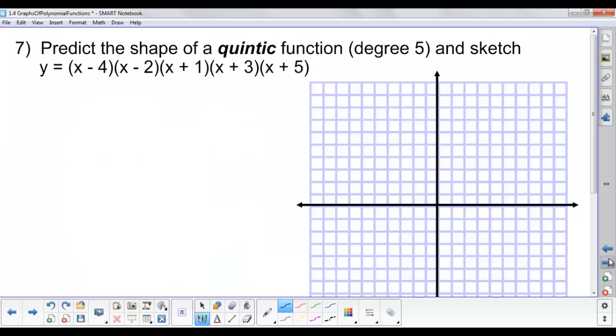If I asked you to predict the shape of a quintic function, well, we'd follow the same rules. Start with your x-intercepts. X equals positive 4, positive 2, negative 1, negative 3, and negative 5. And we can plot those right away.